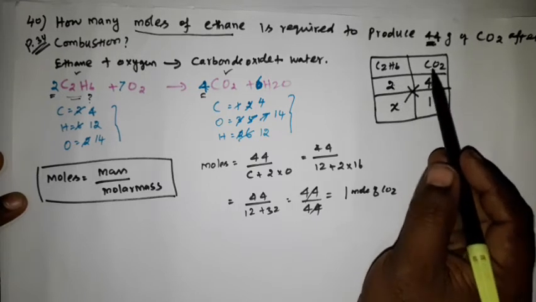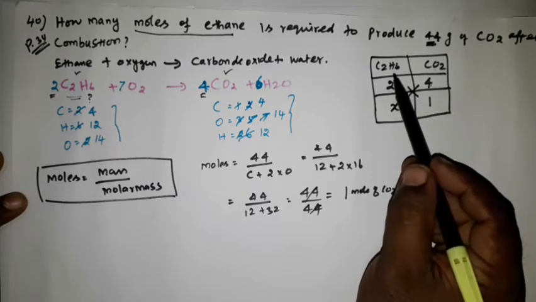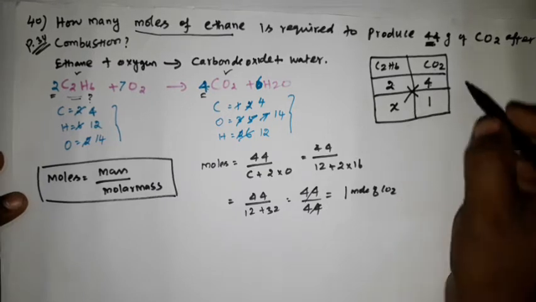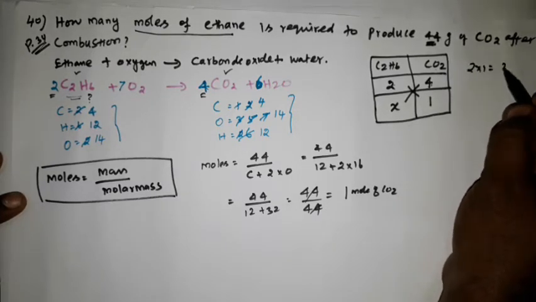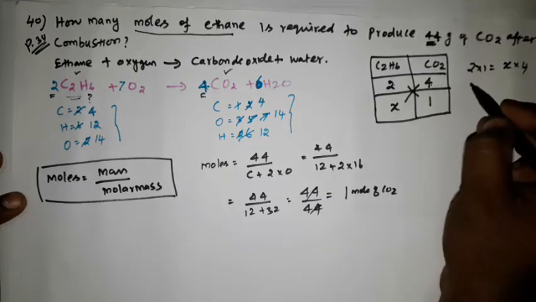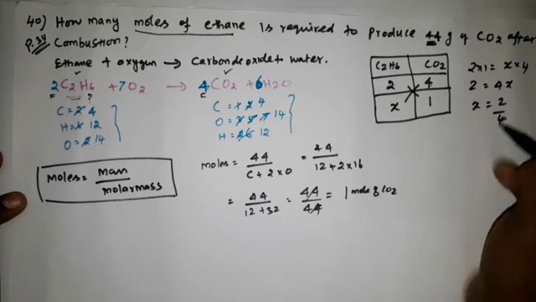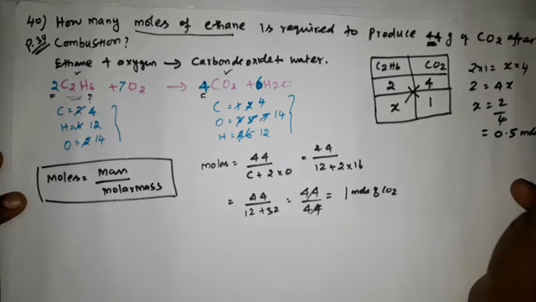Then to produce 1 mole of CO2, we need how many moles of ethane, C2H6? Make a cross multiplication. So 2 into 1 equal to x into 4. So 2 equal to 4x, x equal to 2 by 4, we will get 0.5 moles. Clear?